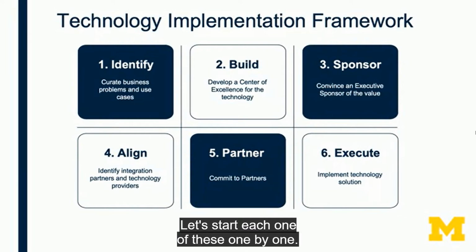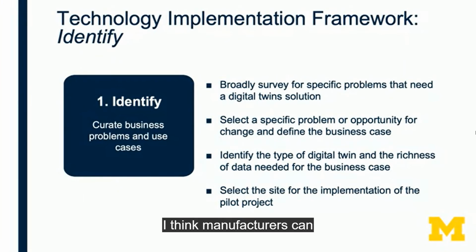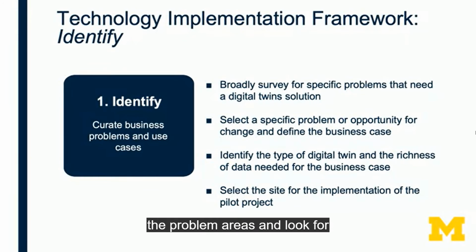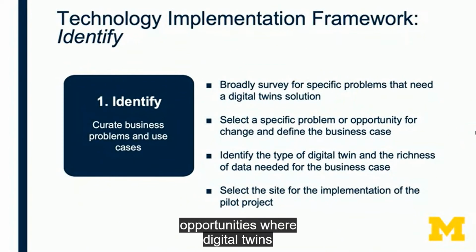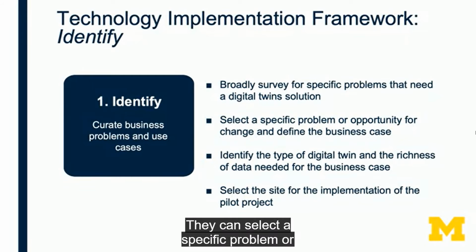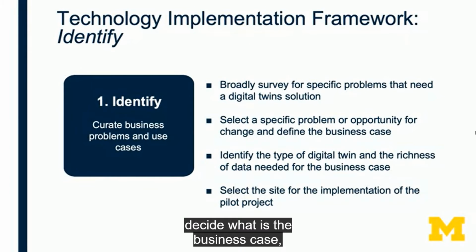In identifying, in this step, as I talked about, I think manufacturers can constantly survey the broad problem areas and look for opportunities where digital twins could be applied as a solution, either in a product or process. And they can select a specific problem or opportunity, and then decide what the business case is, what kind of digital twin will be a viable business case.